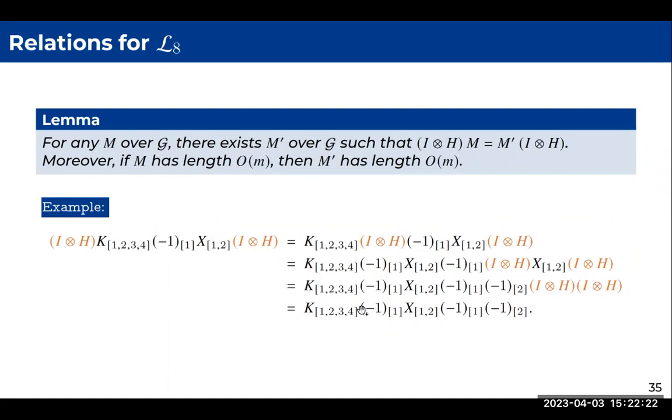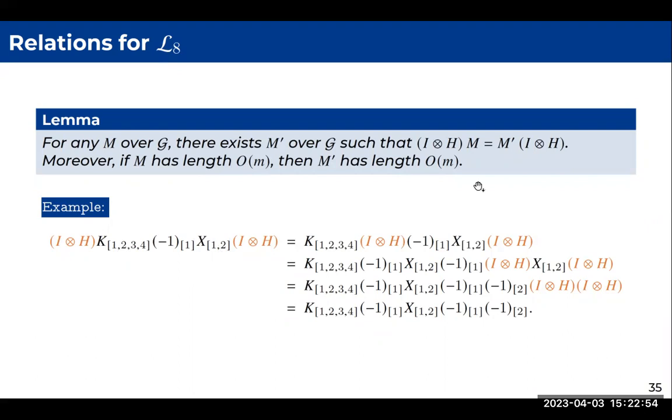Now, because this process of pushing always gives you a constant cost, and the number of pushes is dependent upon the length of the generators, right? Because if you have 3 elements, k minus 1 and x, you're going to push it 3 times, first to here and then to here and then to here. So the complexity of such pushing is upper bounded by the length of the word in the notation here.